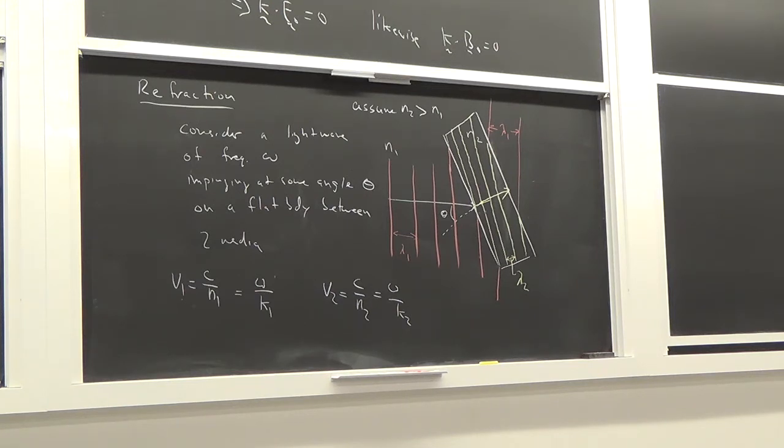So there's the wavefront. There's this wavefront as it passes through the material, it comes out there. Okay. And then, okay, down here again, of course. So this distance here is lambda 2.